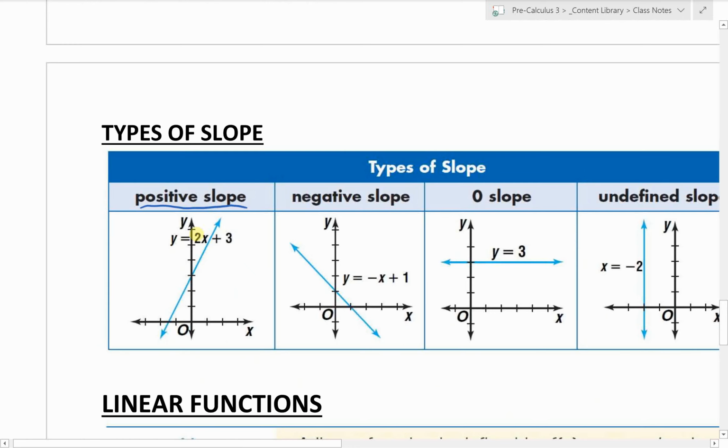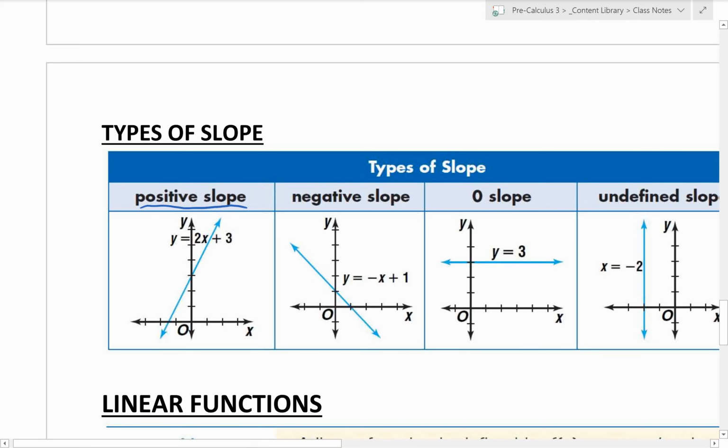When m is positive, you will move upward as you go from left to right. And we're always talking about as you move from left to right. So if I say the graph is going up, that means as x goes from left to right, the y value is getting larger. If we have a negative coefficient, that's a negative slope, which means we're moving downward as the function moves from left to right.